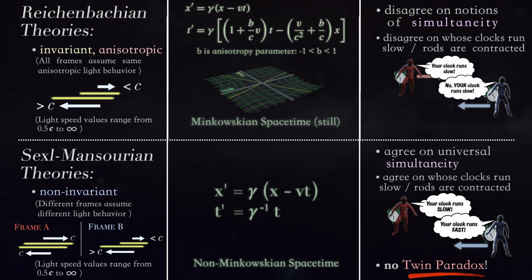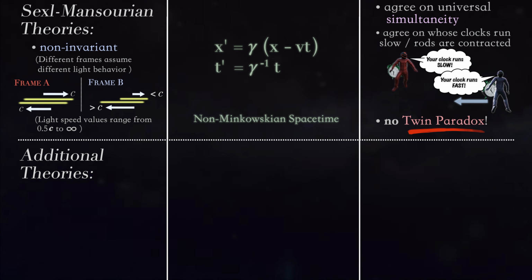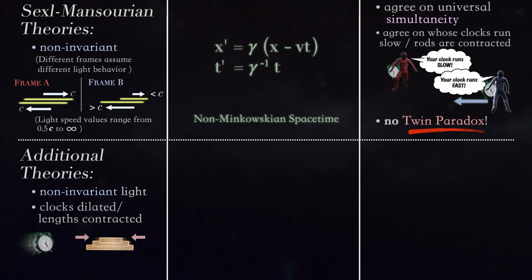Now, there is still yet a further class of theories, because we must remember that how we assign coordinates is ultimately up to us, and that, in addition to having the freedom to assume different light behavior between frames, observers also have the freedom to assign coordinates via assuming that their clocks are physically running slow and that their rods are physically contracted.